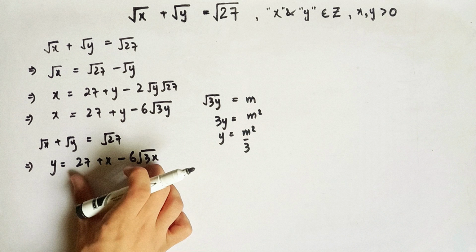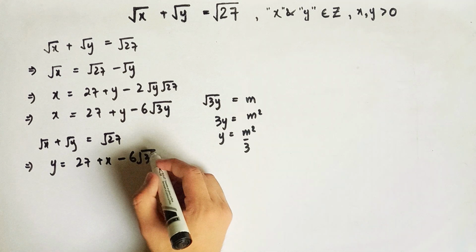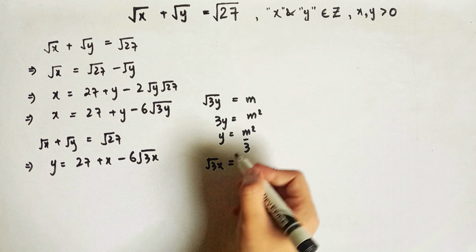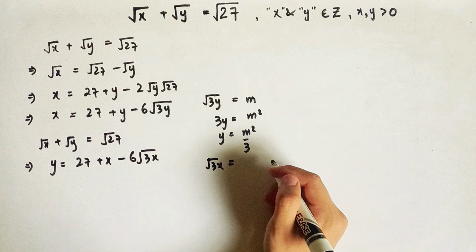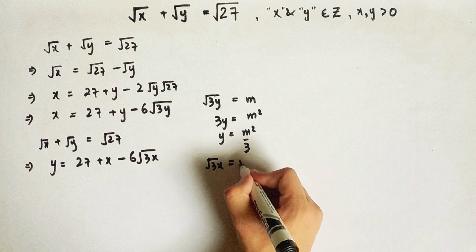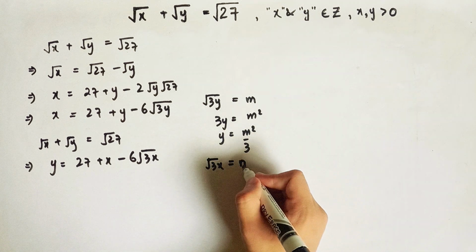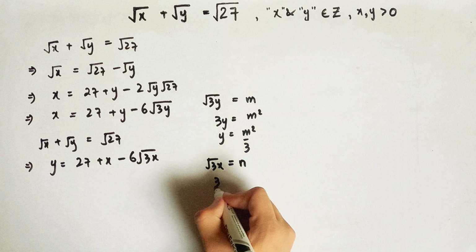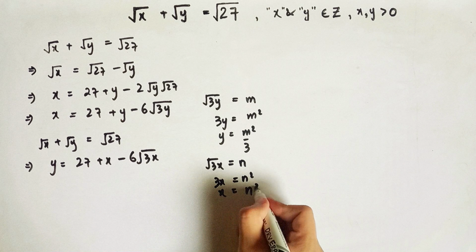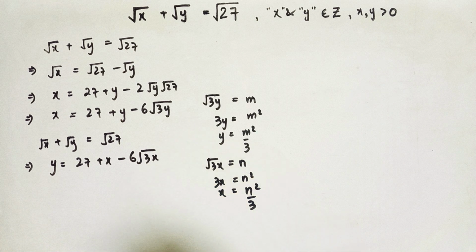And from this we can say that root of 3x is an integer. And if this is an integer and let's say n is that number, then we have 3x equals n square and x equals n square over 3.